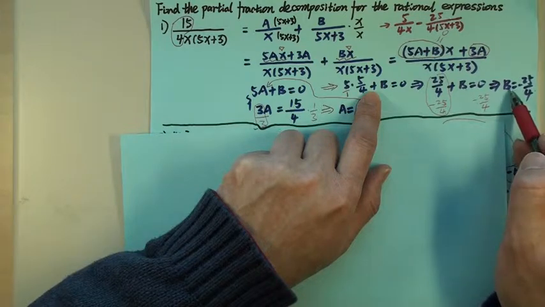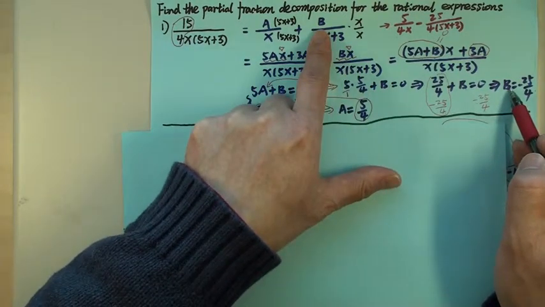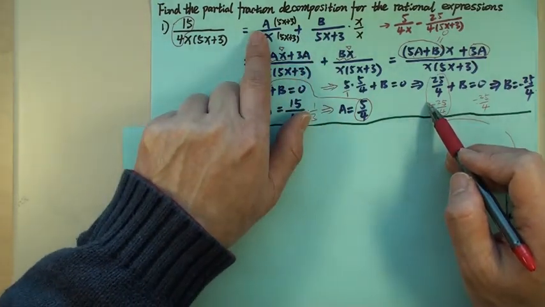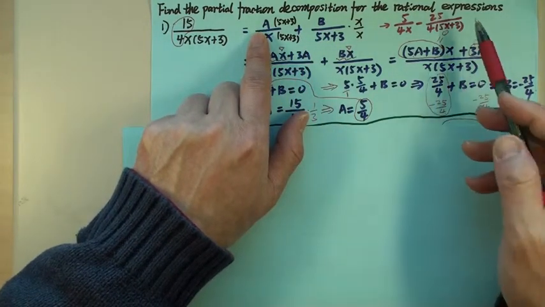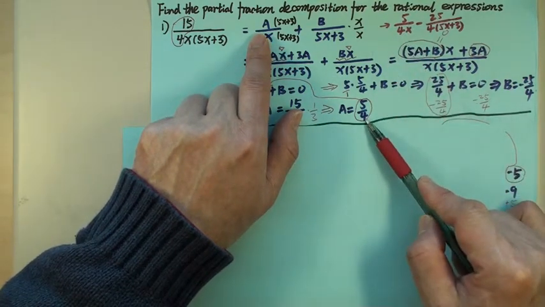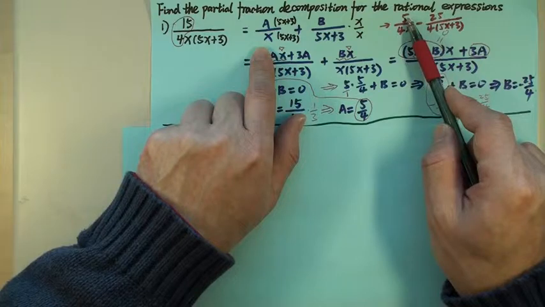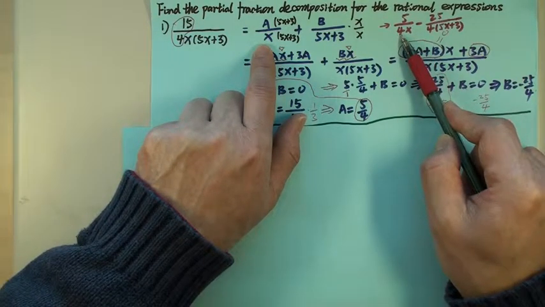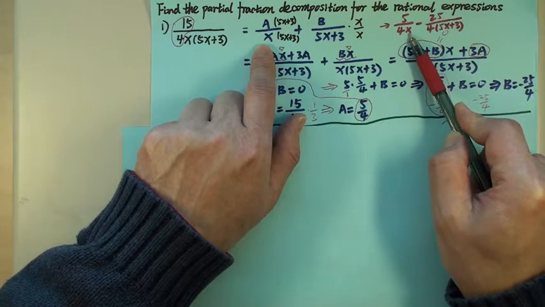So we then have a b value, which is right here, and we have an a value, which is right here. So what is our a? a is 5 over 4. So you write it like that: 5 upstairs, 4 downstairs, times x.